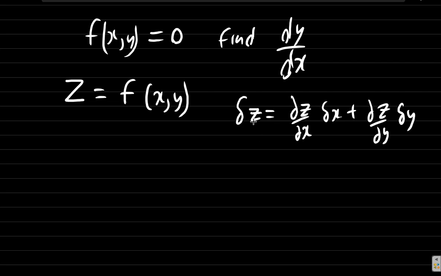So del z is equal to delta z by delta x del x plus delta z by delta y del y. The delta is partial derivative and the del is small change, right? They're all delta, but you just call them one delta and one del. The delta is a partial derivative, and the one that is a small change we call del.